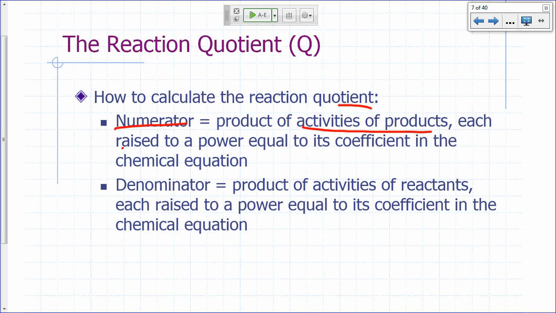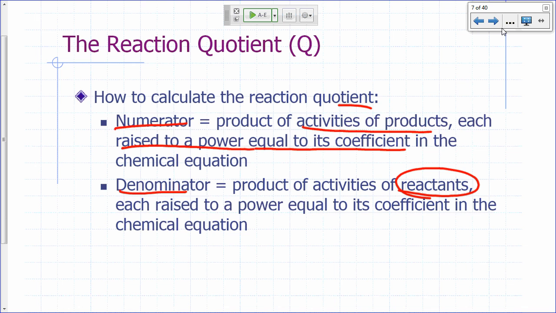But you have to raise each activity to a power equal to its coefficient in the chemical equation. You do the same thing for the denominator, except in the denominator you do it for the reactants. So, in other words, the reaction quotient is some quantity based on the activities of the products divided by a quantity based on the activities of the reactants.